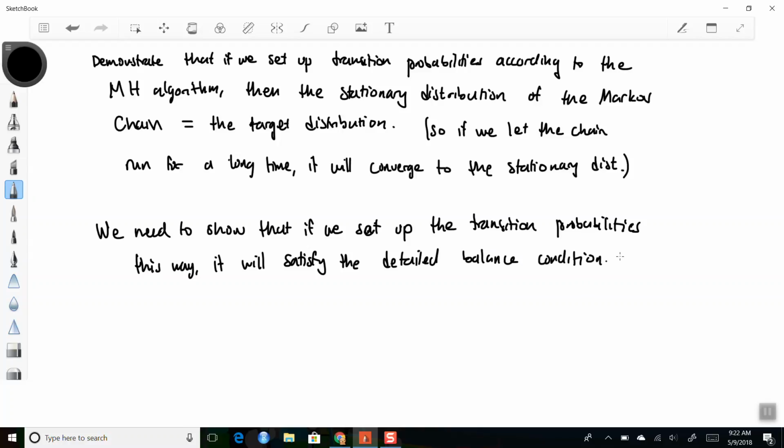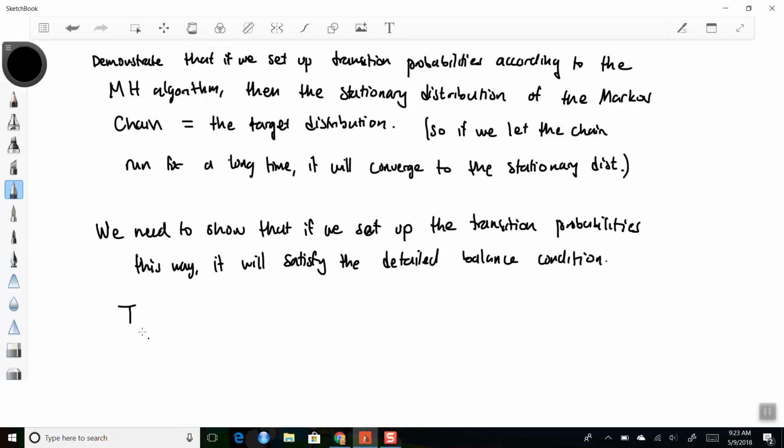Okay, so what is detailed balance? It's the idea that, if we think back to the island nations, the people going from island 3 to island 4 is equal to the people going from island 4 to island 3. Okay, that's basically it.